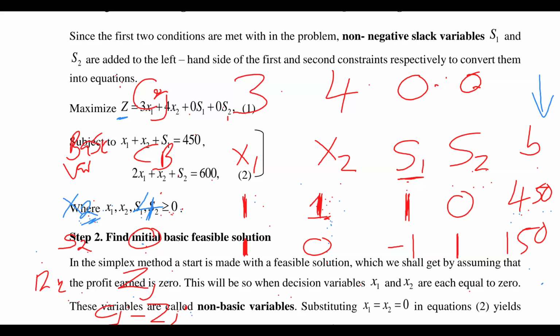Okay, so let's start operating the ZJ column. How do you find the ZJ column? Are we using the same formula? CJ minus the same thing. So it will be ZJ, 4 times the coefficients.